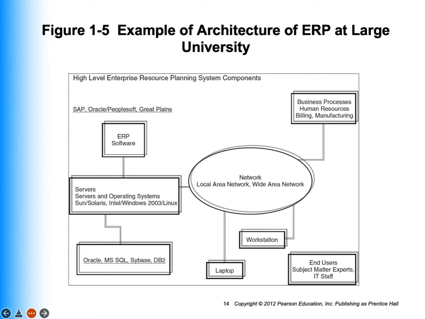The example of university campus, okay, we have the hardware there, which is the server, the network, local area network, LAN, workstation for the students, laptop, it could be wireless, a database in the Oracle system, okay, and business process for HR, billing. Okay.